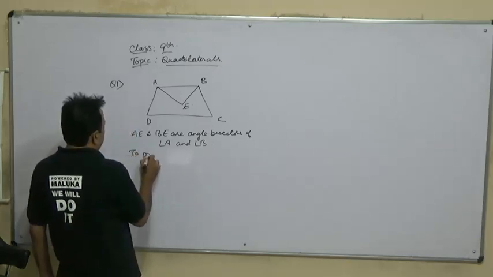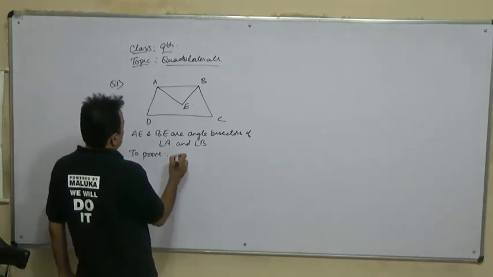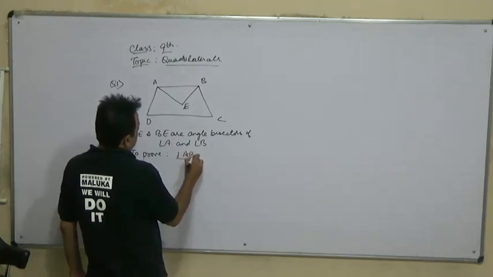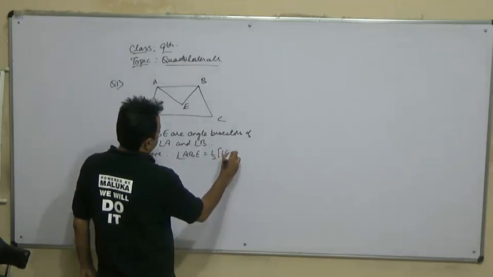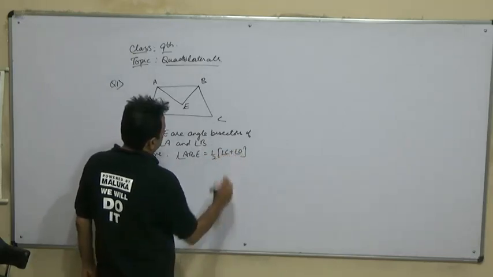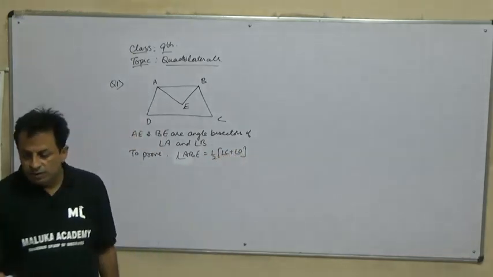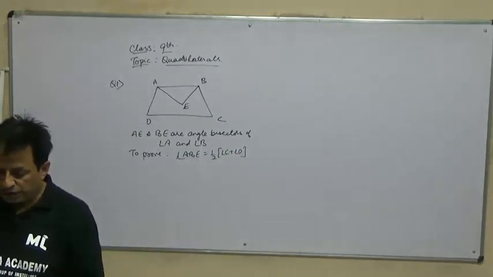To prove: angle AEB is equal to half of angle C plus angle D. So this we need to prove.